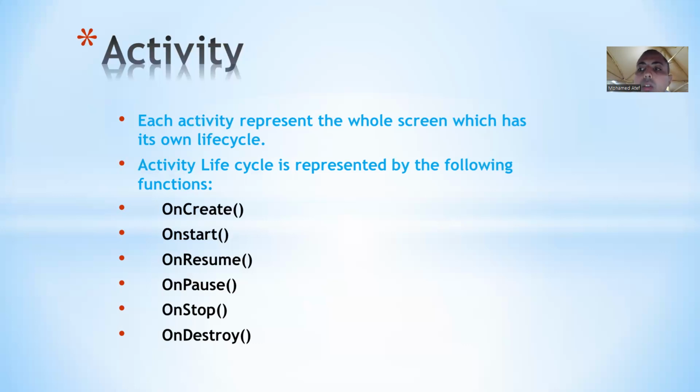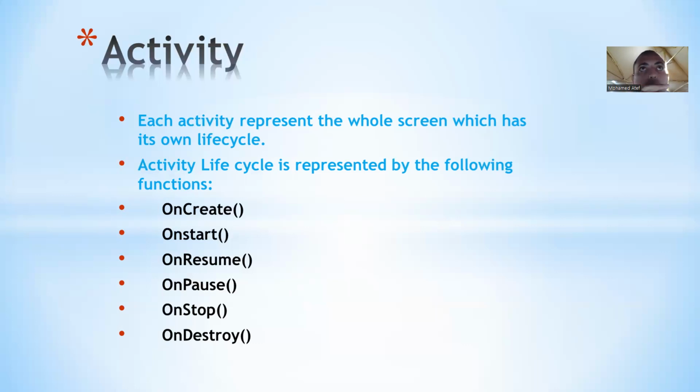So after that, the activity is in a background state. If the user returns to the activity again, it will call the onStart method, not onCreate. onCreate is called only once, when the activity is created. But if the activity is in the background and returns to the foreground, it should call onStart.